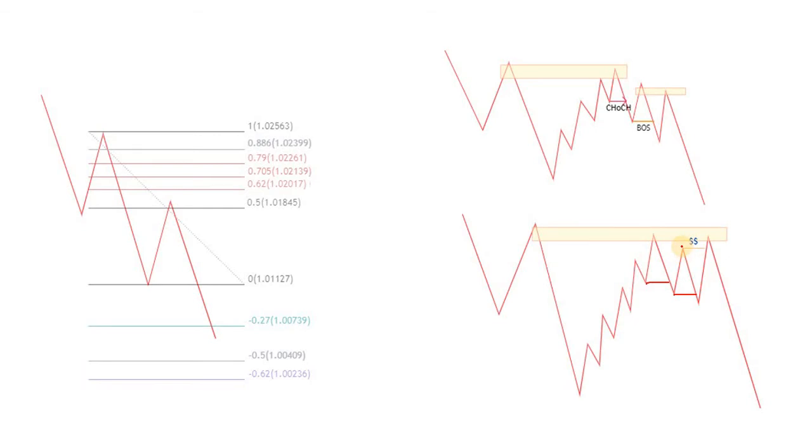We discovered that the high that led to the break of this structure, there could be some amount of liquidity resting above these highs. So there is a high tendency for price to make this move to clear this liquidity before impulsing to the downside. So this is equally very possible.